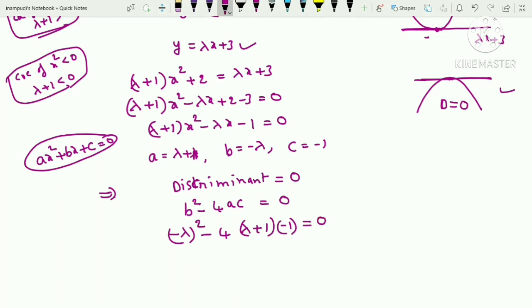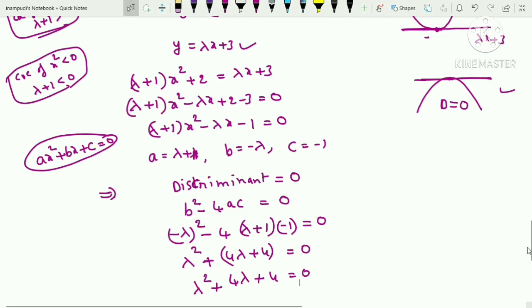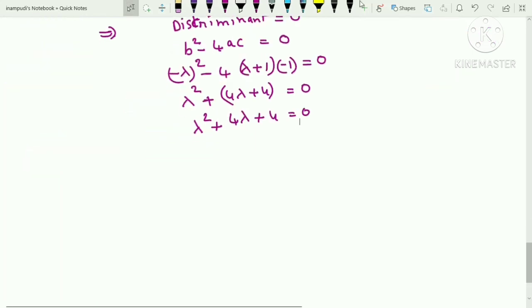Minus into minus is plus: lambda square plus 4 lambda plus 4 is equal to 0. We can write the 4 as 2 square: lambda square plus 2 into lambda into 2 plus 2 square equal to 0.